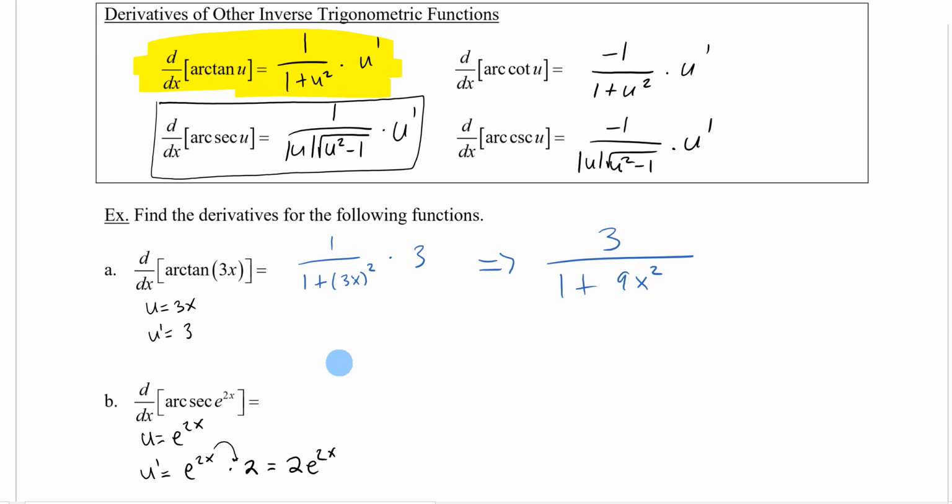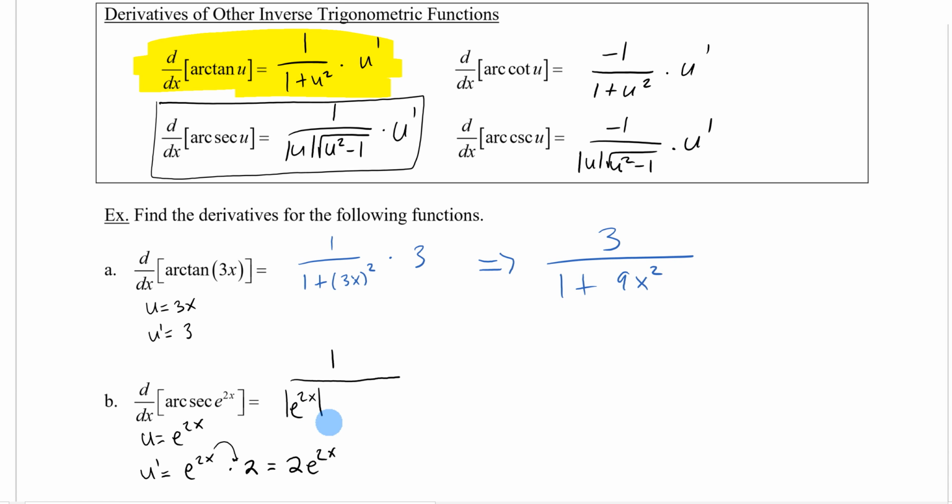Now let's go ahead and take the derivative, using the derivative rule for arcsecant. So it's going to be this one here that I boxed, 1 over the absolute value of e to the 2x, and then the square root of e to the 2x squared minus 1, times the u prime, which is this, 2e to the 2x.